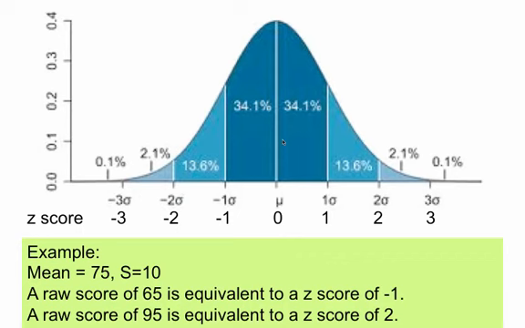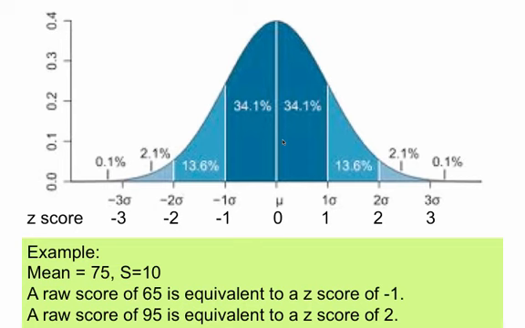Well, a z-score is, again, in standard deviation units. So if I said I had a z-score of 1 on a test, the fact that it's positive tells me immediately that it is above the mean, and it tells me just how far above the mean in standard deviation units. As a little example, let's just say we had a normal distribution of a set of scores. The mean was 75 and the standard deviation was 10.